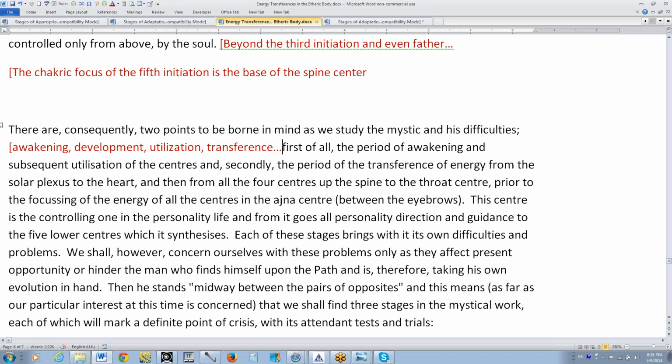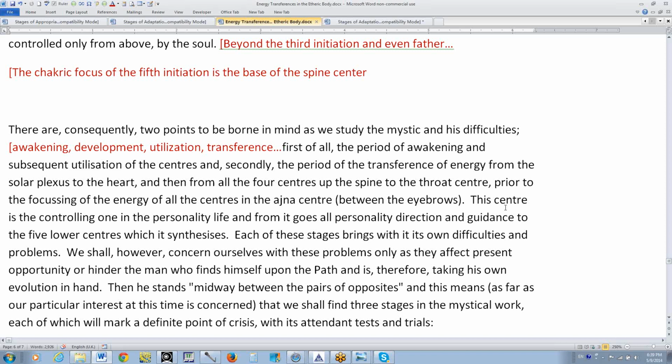First of all, the period of awakening and subsequent utilization of the centers, and secondly, the period of transference of energy from the solar plexus to the heart, and then from all the 4 centers up the spine to the throat center, prior to the focusing in of the energy of the centers in the ajna center between the eyebrows.